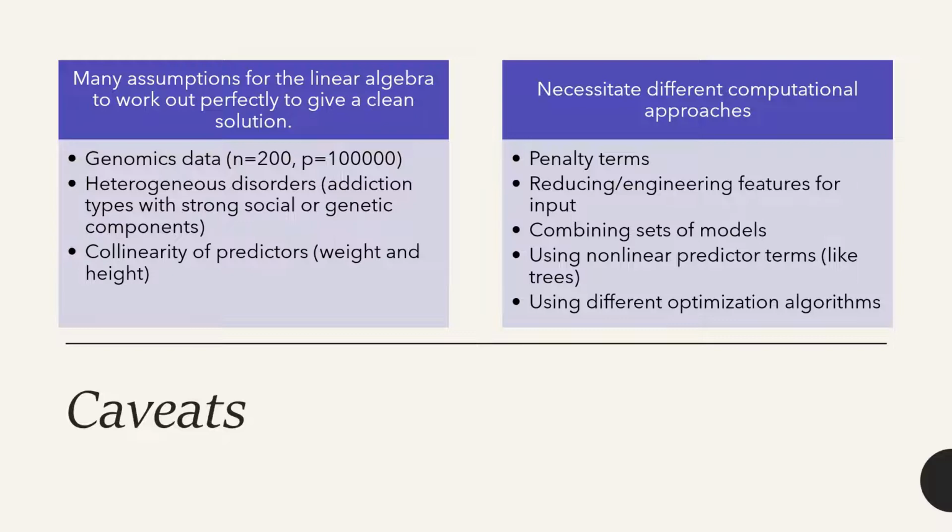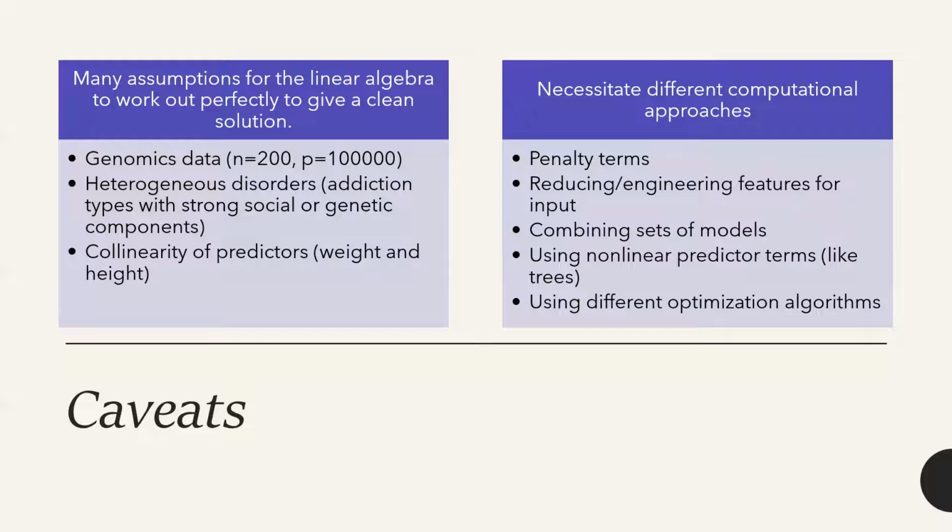One example of this is addiction types with either a strong social component or a strong genetic component. Another huge problem that we run into is multicollinearity, where our predictors are correlated. So one main example of this is height and weight. Especially for young patients, height and weight are very highly correlated. And this is also going to pose problems when we try to invert our matrix and solve this linear system.